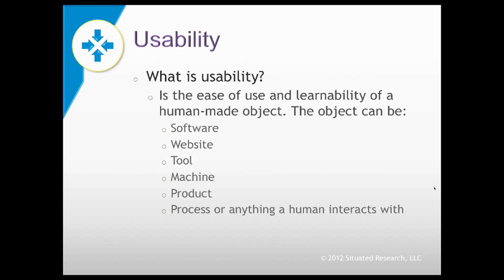So humans make websites, we make products, we make software, we make video games, we make it all. So we want it to be easy to use and easy to learn for our users. The object can be anything, like I said: software, websites, tools, machines, products, anything that encompasses human interaction.